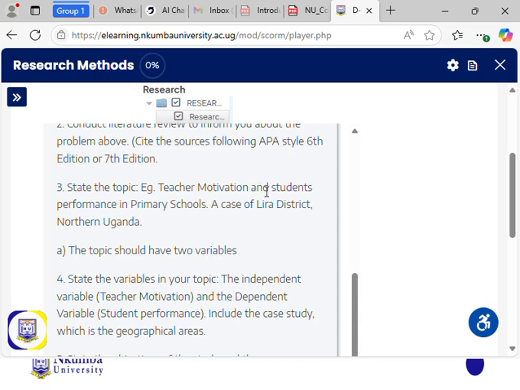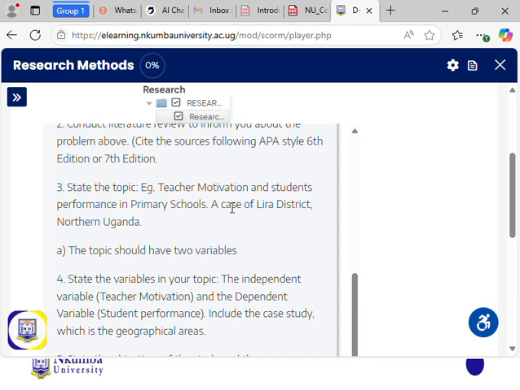Here in Uganda, people want to use learners rather than students. They are leaving this word to secondary school people. But worldwide, students means anybody who is studying. So you can use learners' performance in primary schools in Uganda as a topic.